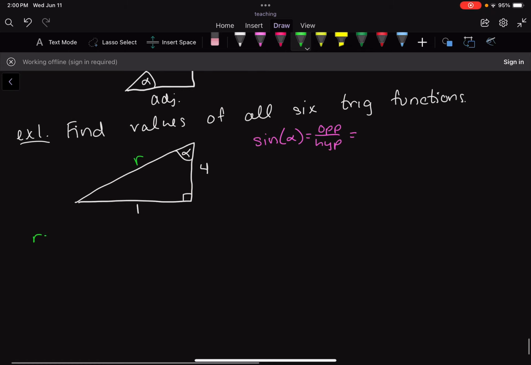Last time I told you that R is equal to the square root of x squared plus y squared. This is just the Pythagorean theorem with the square root taken. So let's see, we'd get 1 squared plus 4 squared equals 1 plus 16, so square root of 17.